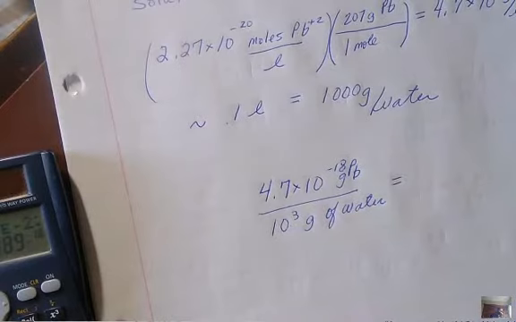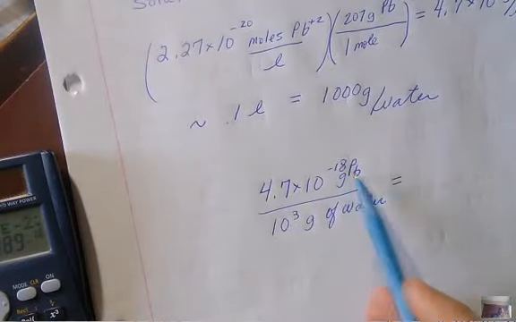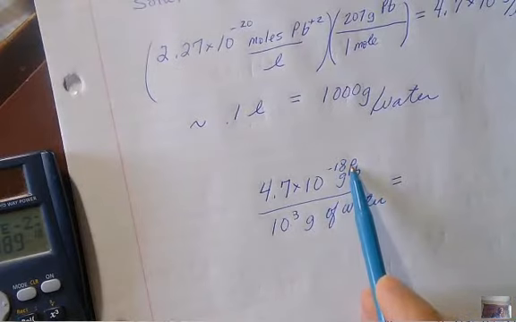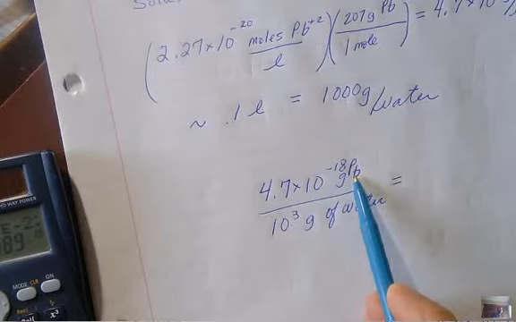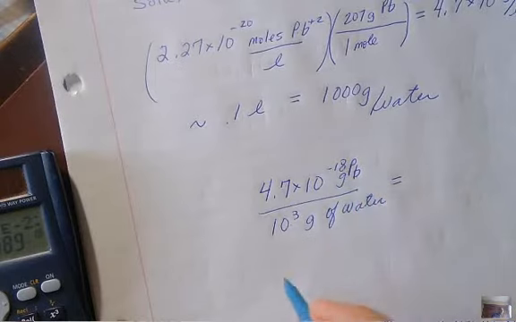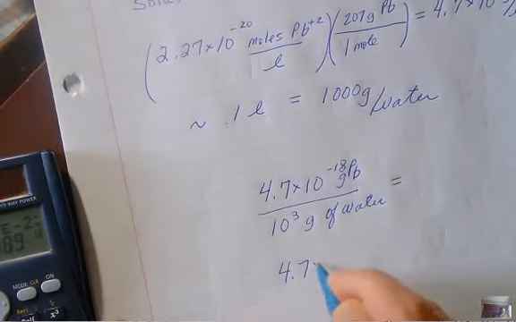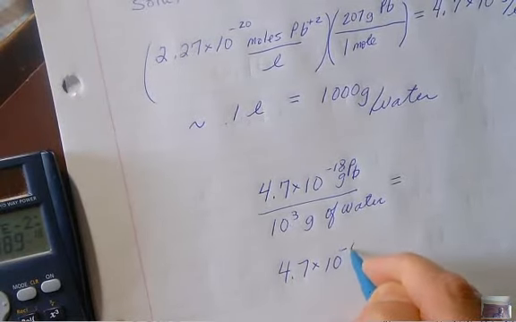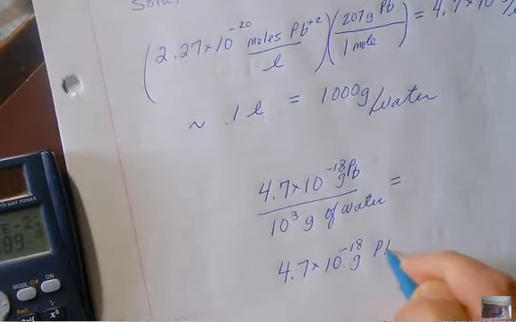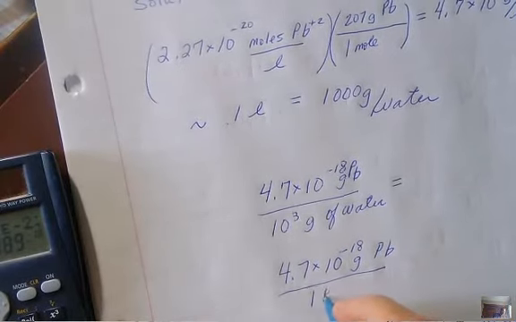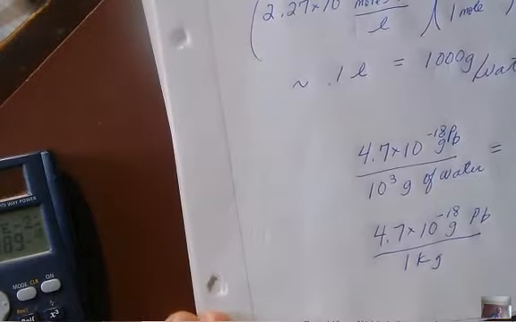So if I want to get to parts per billion, milligrams per kilogram is parts per billion. So wait, I'm going to go back to here, 4.7 times 10 to the minus 18th grams of lead for every 1 kilogram. Okay, so I'm just going to take something that I know.